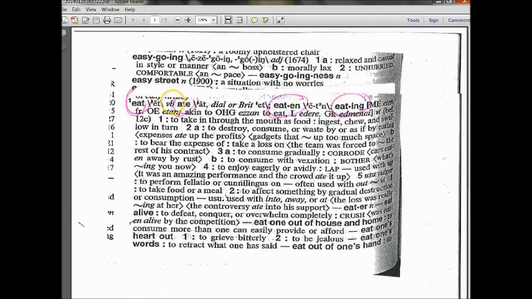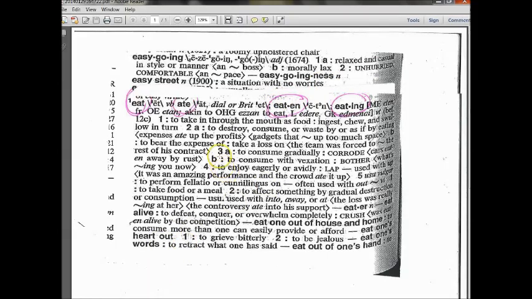It says it's a verb, VB, and then it gives the past form, ate, the past participle, eaten, and the present participle, eating. This is a Webster dictionary, and any paper dictionary will give you the forms for every verb, even regular verbs, every single verb in the language. So if you're unsure, that's always a place to look for your answer.